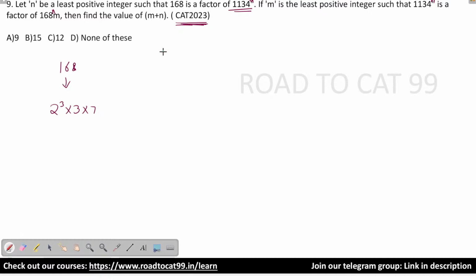So 1134 power n is basically 2 into 3 की power 4 into 7 की power n. When you divide 2 into 3 की power 4n into 7 की power n by 168, that is 2 की power 3 into 3 into 7, this should give remainder as 0, right?